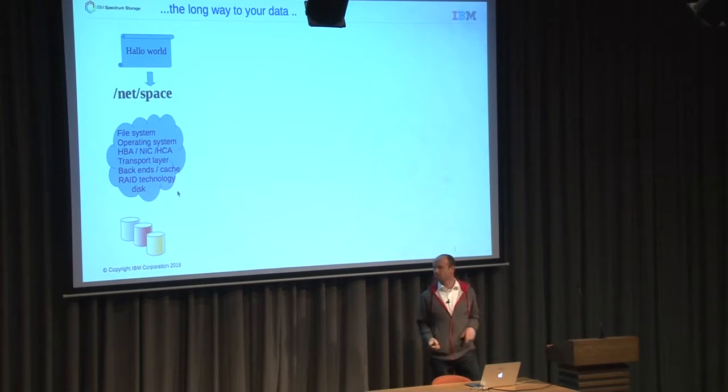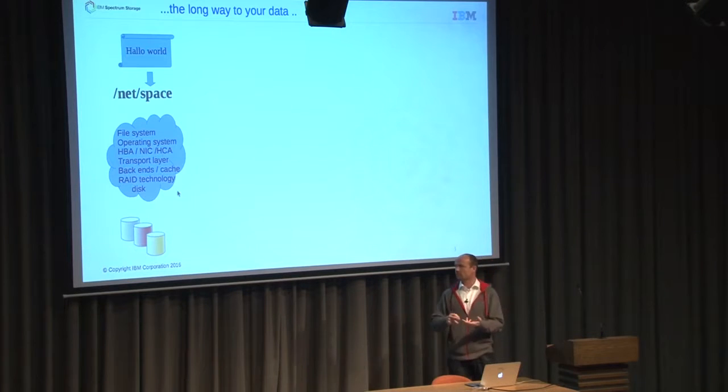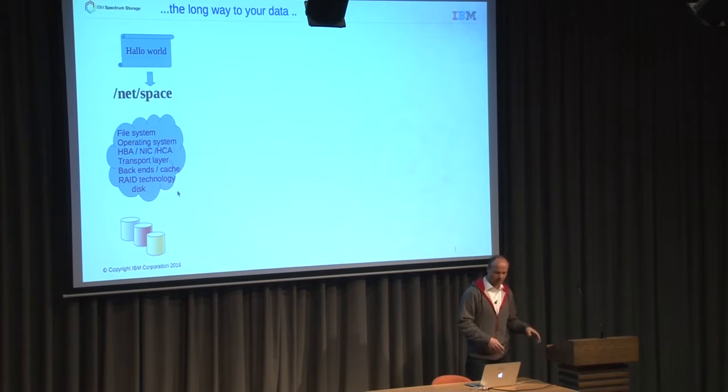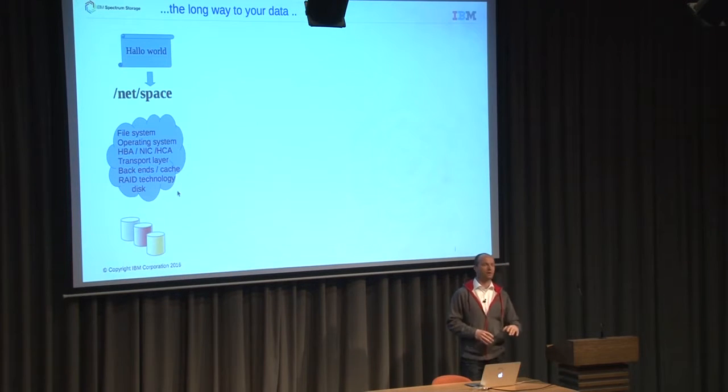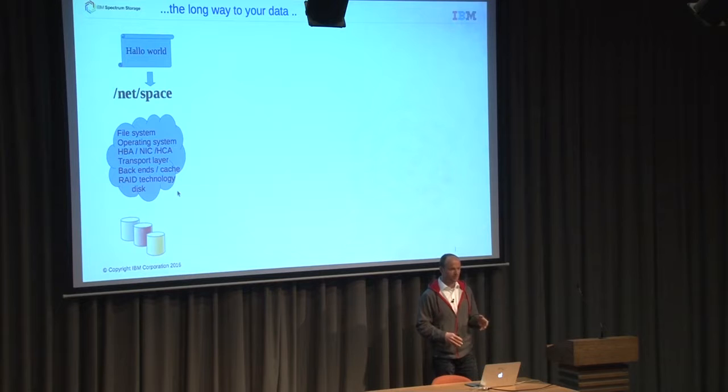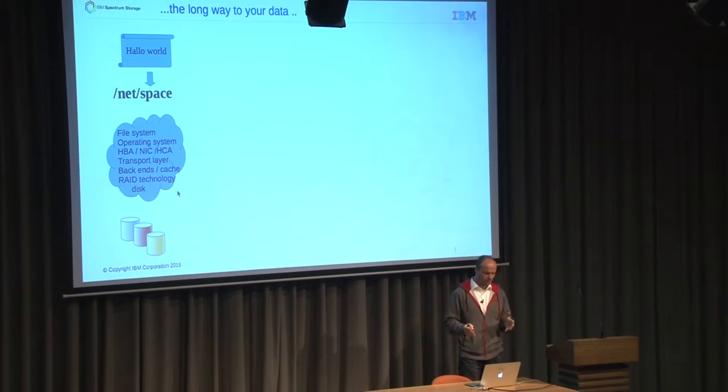You talk to a namespace, but under the namespace you have file systems, operating systems, network interface cards, maybe a host channel adapter to transfer something, transport layers, networks, then backends, and below the backends there's cache and other algorithms, and then you have some block storage. It's a long way. The more components are involved in this picture, the more handovers, the more breaks you have, the higher the likelihood that you lose performance and become more and more inefficient.